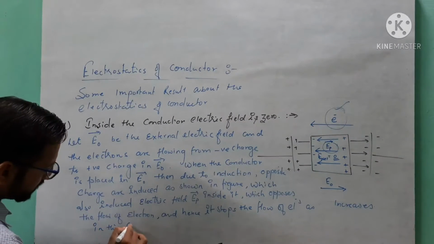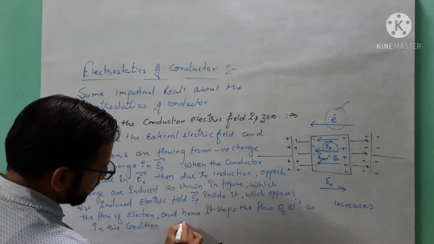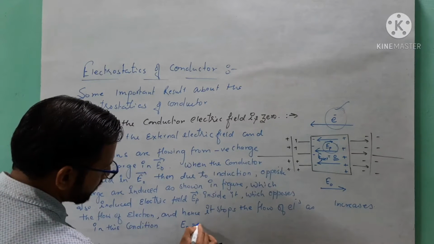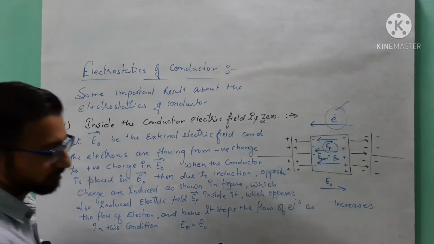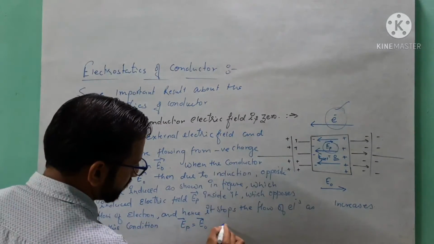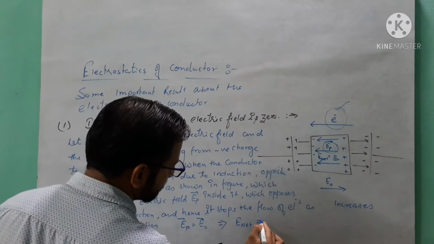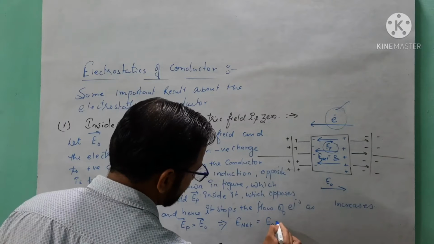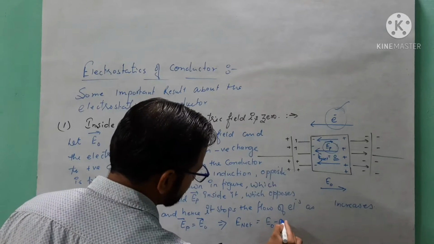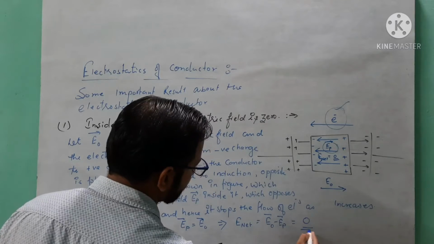In this condition, when the flow of electrons stops, EP is equal to E naught. It implies E net is equal to E naught minus EP, which is equal to 0.